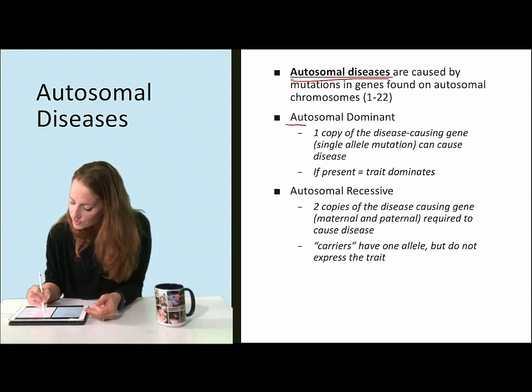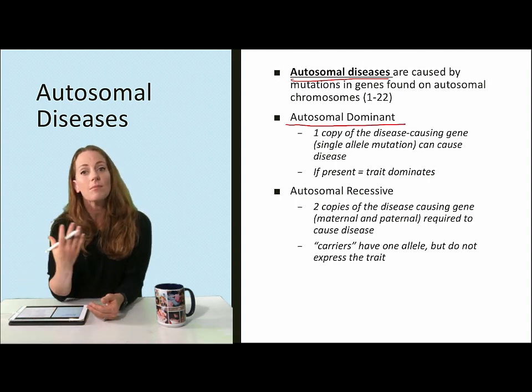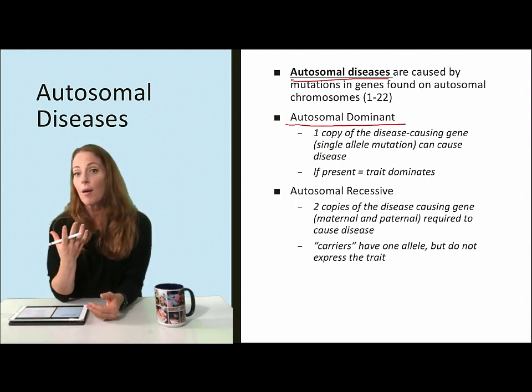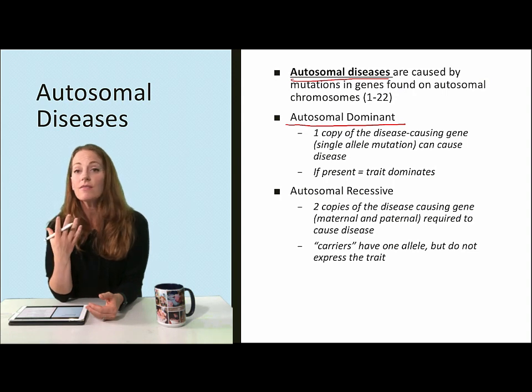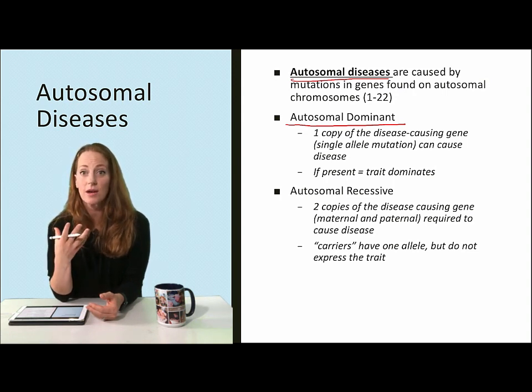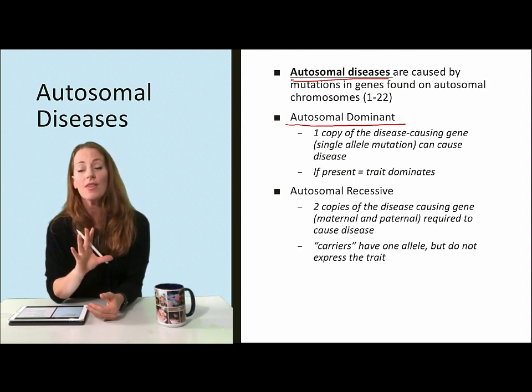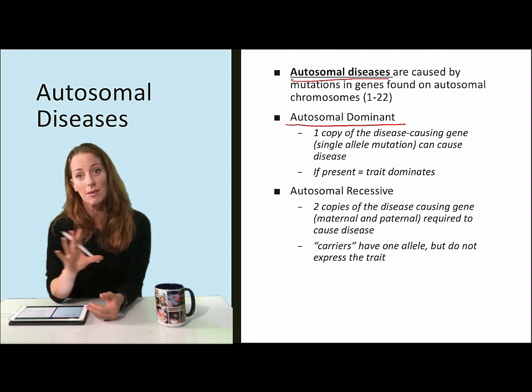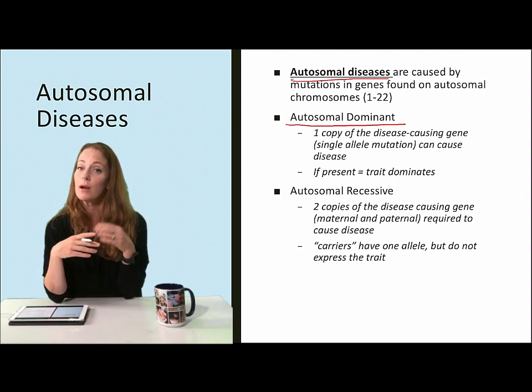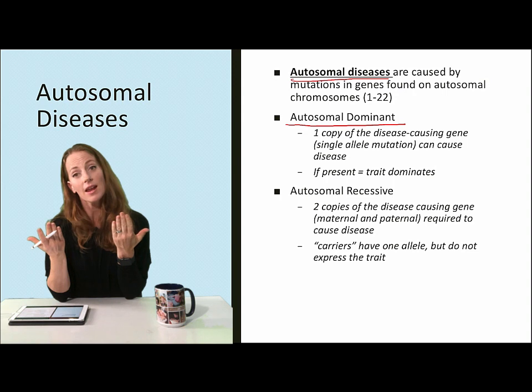If they are autosomal dominant, that means that one copy of that gene is sufficient to cause the trait or cause the disease. That gene dominates over any other particular alleles that may be present, kind of like we talked about for brown hair and red hair.